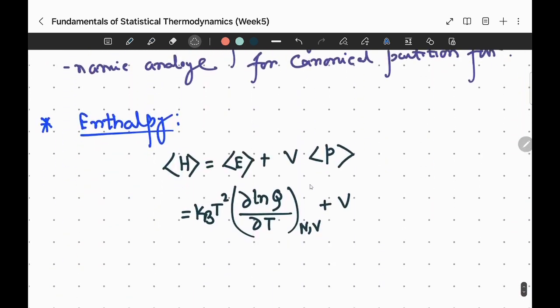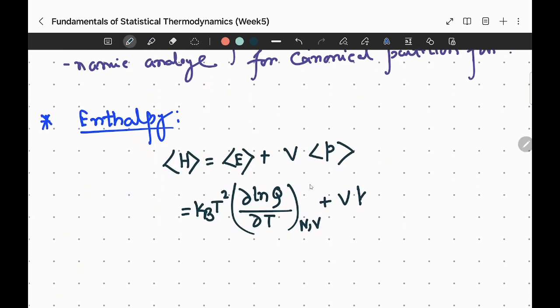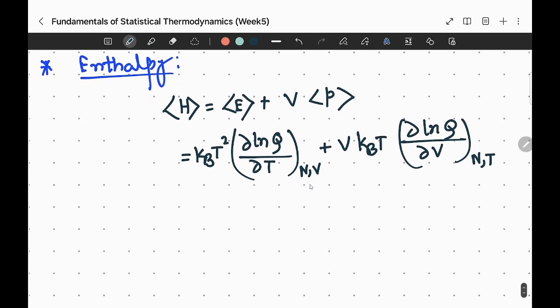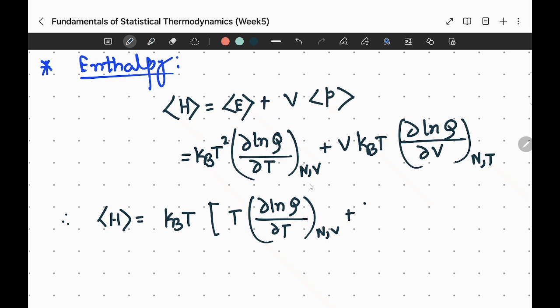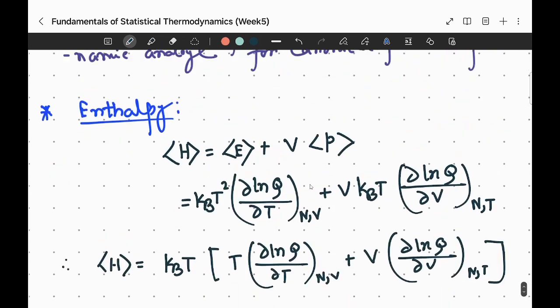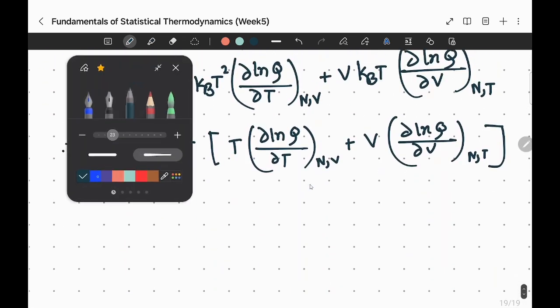KBT del ln Q del V at constant T, N. Okay, so you can write E equals to KBT, common, it will be T, KBT V. Okay, so this is enthalpy, and another one is Gibbs free energy.